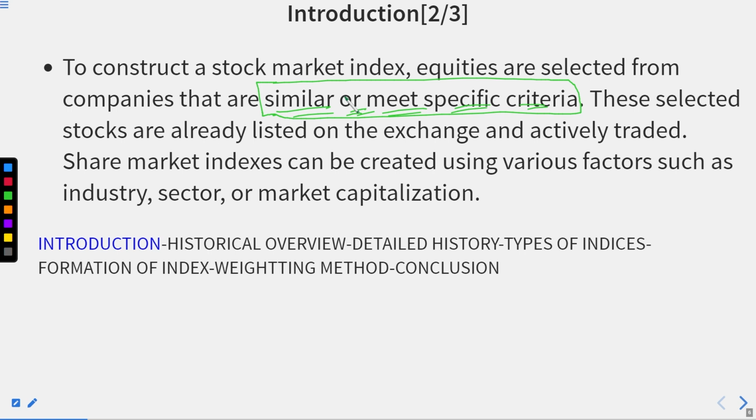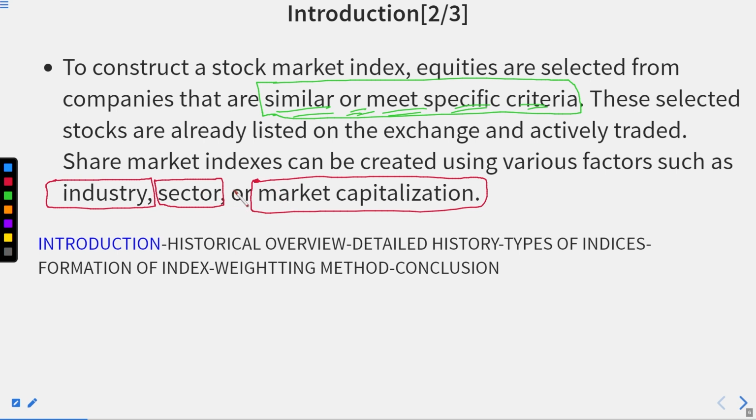So if we look at this clearly, the first thing we have seen is similar or meet specific criteria. Share market indexes can be created using factors like similarity from the industry point of view, the sector point of view, and in the form of market capitalization.